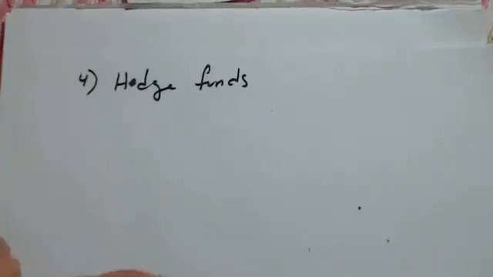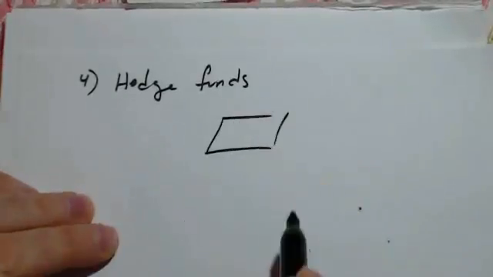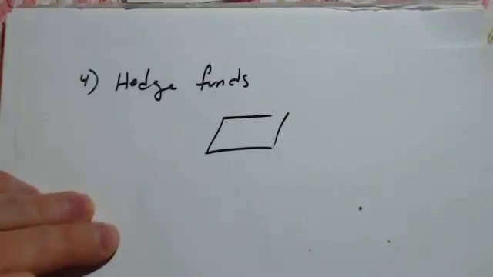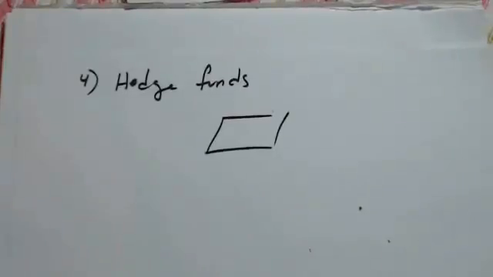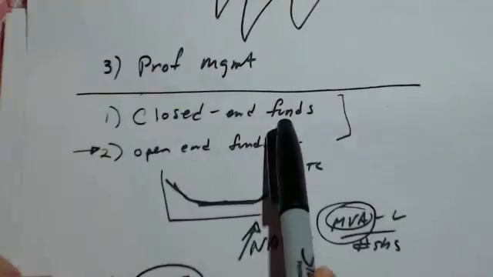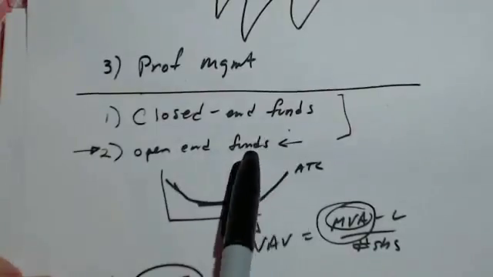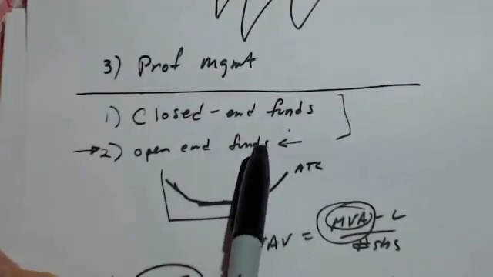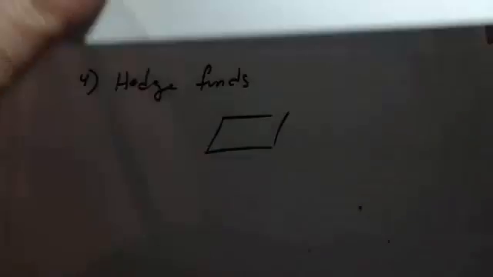So they often operate in a black box, meaning their strategies are not disclosed. You don't know what their strategy is, and they operate in a black box, which can be quite dangerous, which is why there's been a lot of scandals and fraud. You don't see a whole lot of scandals and fraud in open-ended funds and closed-end funds because they're heavily regulated by the Securities and Exchange Commission through the Investment Company Act of 1940.